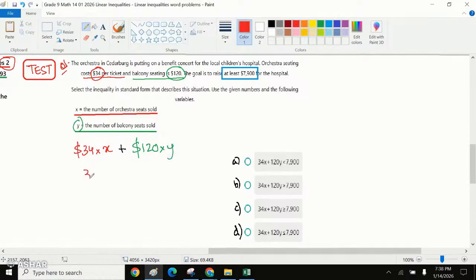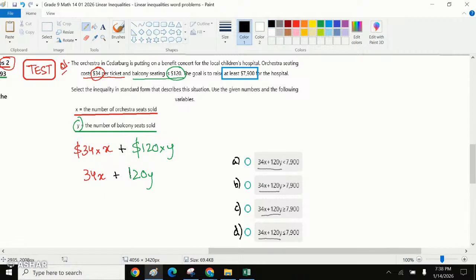So can we say this is 34X plus 120Y? Just by looking at the options, can we say all of them state the same thing? 34x plus 120y, 34x, 120y, 34x, 125, 34x, 120y.